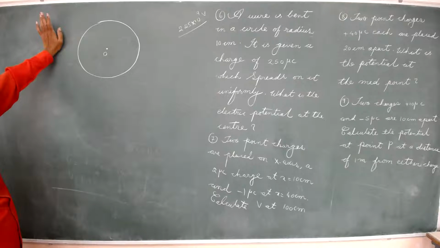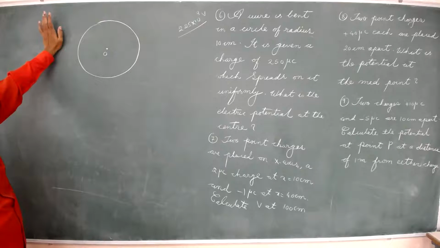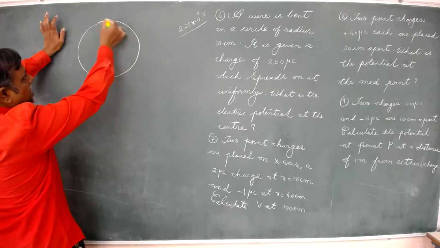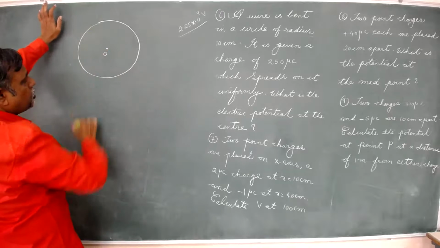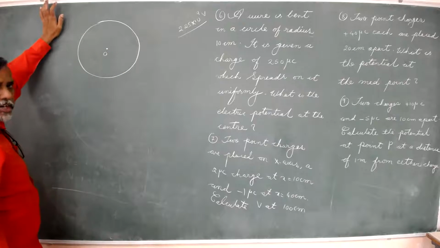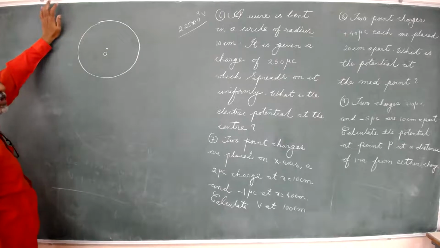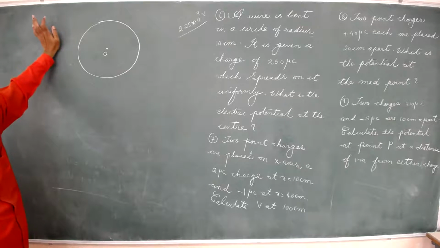What is the electric potential at the center? So there is a uniform distribution all over the length of the circle. To measure the electrostatic potential, first of all, you need to calculate the total charge.